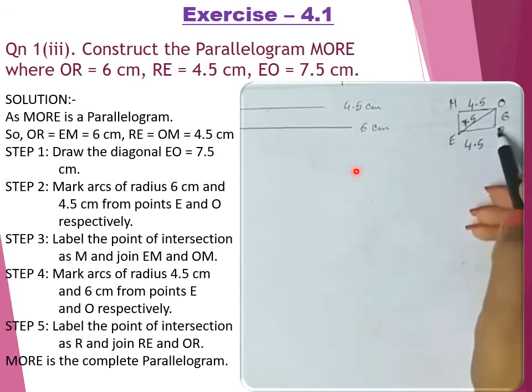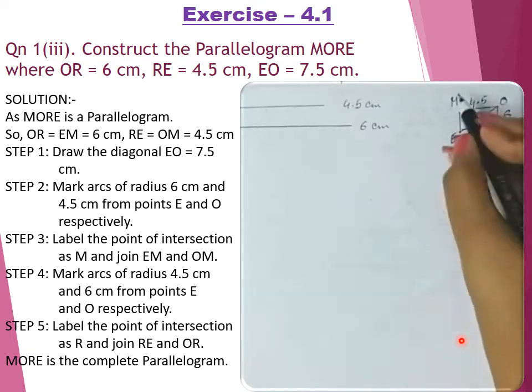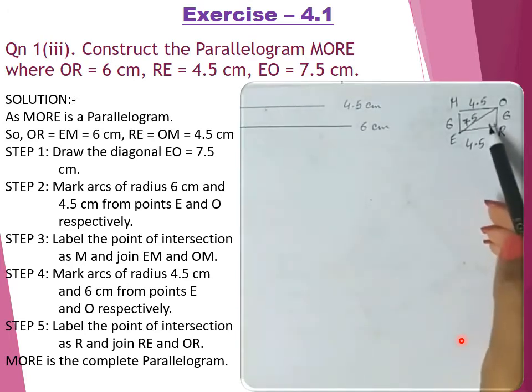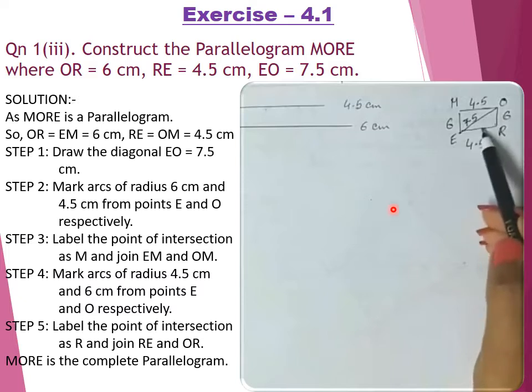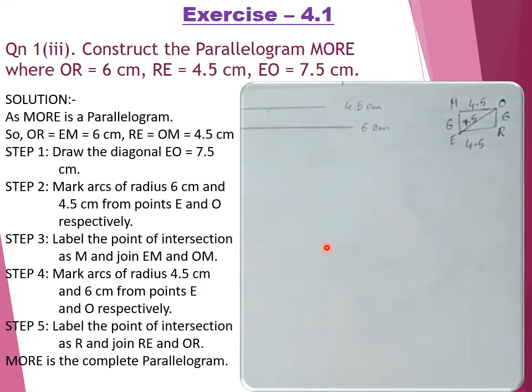Similarly, the length of OR will be equal to ME, that is equal to 6 cm. So here we can see we have two triangles where all the sides are known. So this will be quite similar to the previous construction.